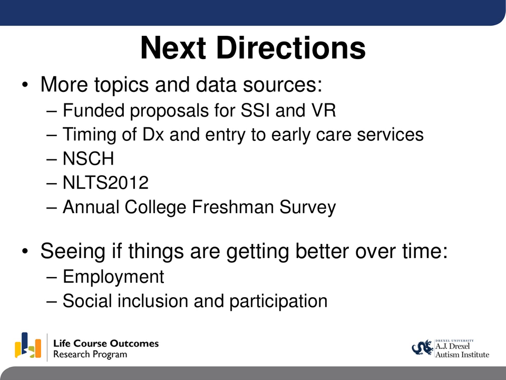What I was trying to refer to was that we are working on some reports that use data from the Social Security Administration to describe the population of people who do get income support through the SSI program. So this is a large, many billions of dollars get spent each year on SSI. Approximately, I think it's about 140,000 people on the autism spectrum receive income support through the SSI program.